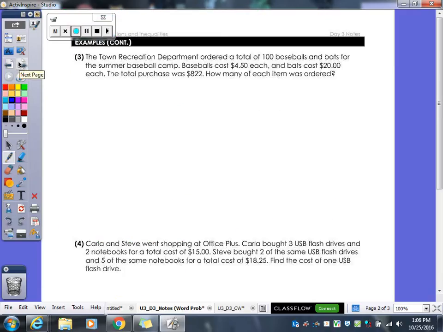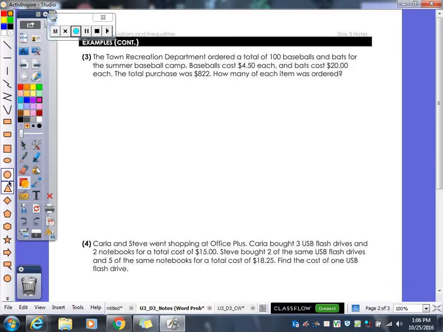Here, it says the town rec department ordered a total of 100 baseballs. Okay, so now I'm going to make 2 little boxes again for our let statements.